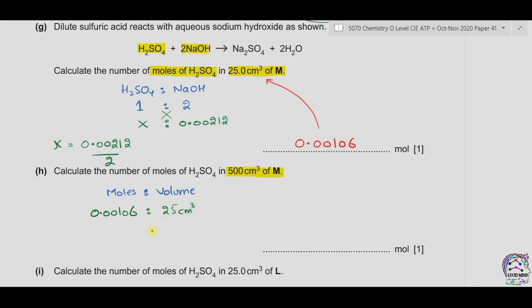So for 500 centimeter cube, the moles will be X. Again, by cross multiplying, we can find the value of X. The value comes equal to 0.0212 moles.